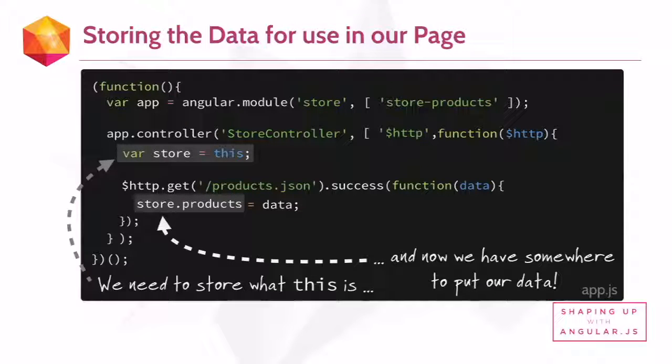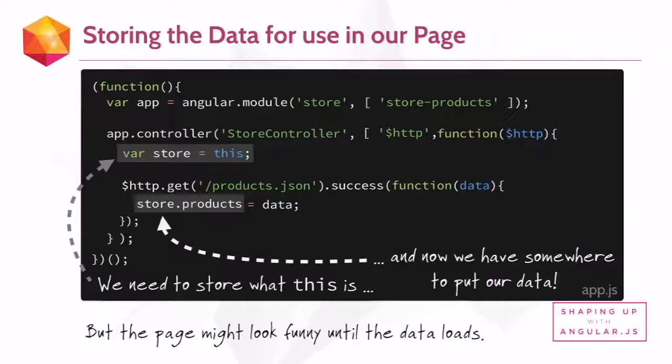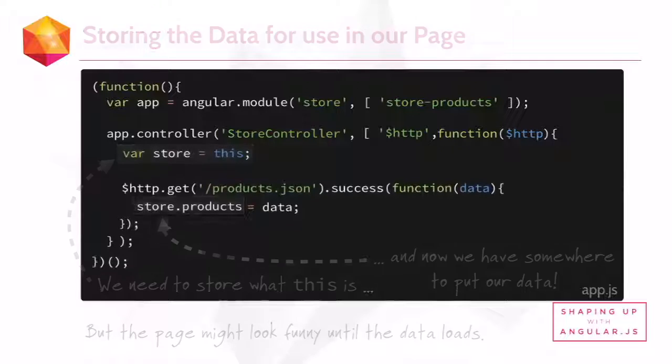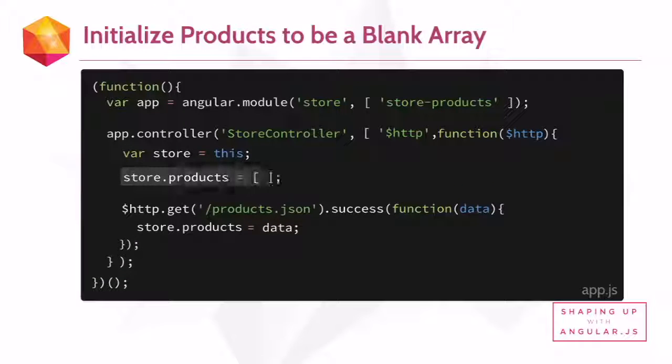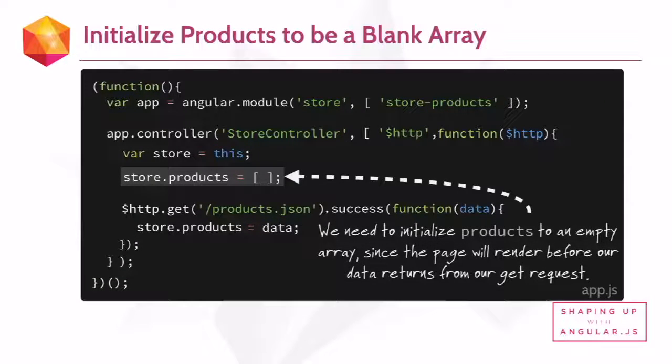This request might take a second, but our page isn't going to wait for it. It's going to go ahead and load. So it might be a good idea to initialize products to an empty array. That way when the page loads, there's no errors. Then later on, after we fetch the JSON, we can load that data into the products and the page will automatically get updated.